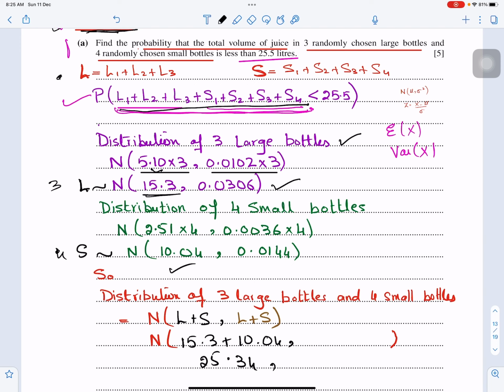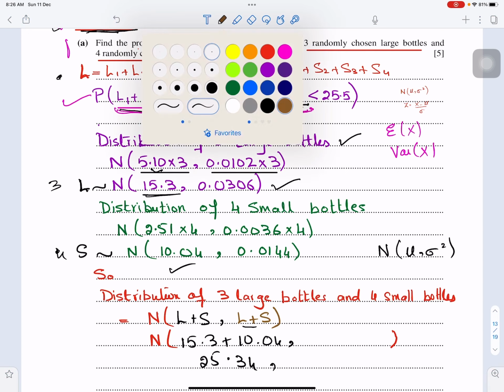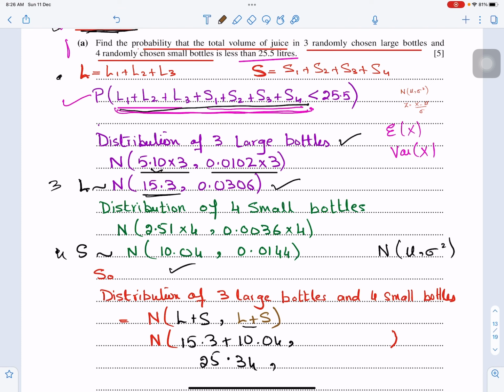Okay, similarly for variance, because the normal distribution is what? Mean and variance. So now I will add the variance of the large bottle, which was here, this one, 0.0306 plus 0.0144.